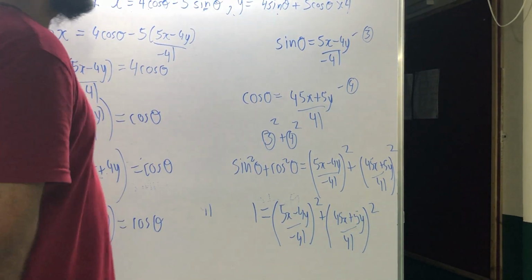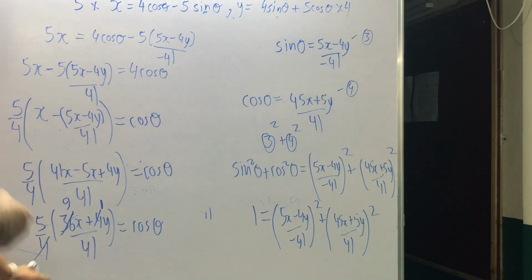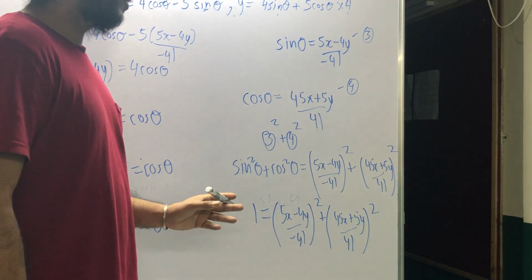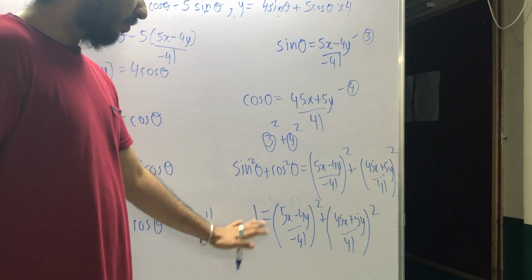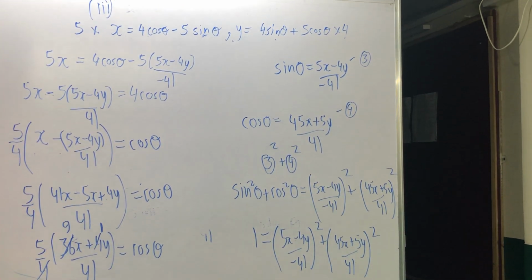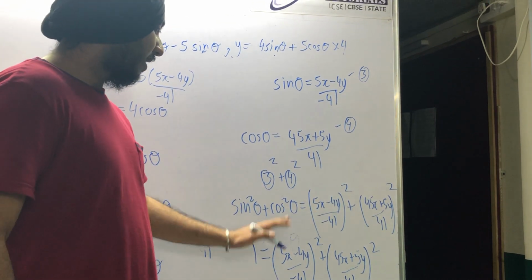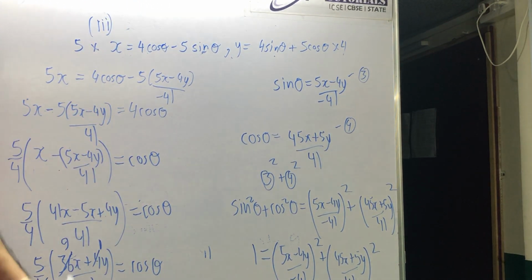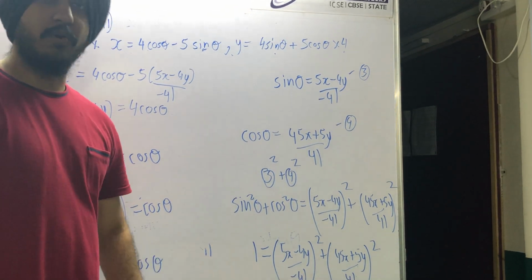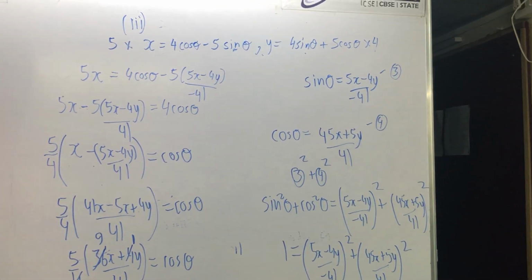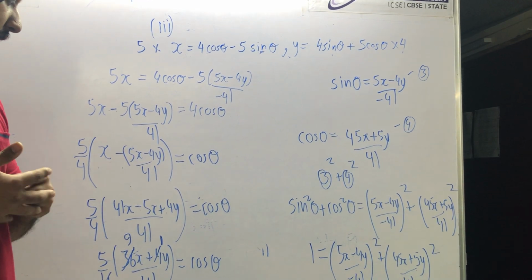So this is the final answer where there is no theta. This will be your final answer. One thing I want to clarify here is that it is up to you. You can simplify this even more, you can open the whole square and try to simplify this more. This is your choice, but nobody will cut your marks if you leave it at this point. There won't be any problem.